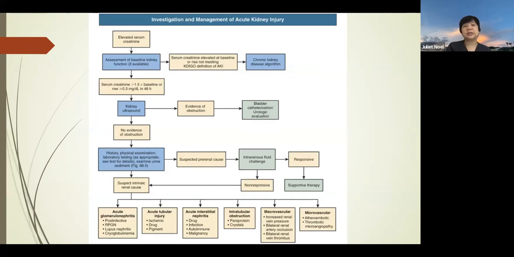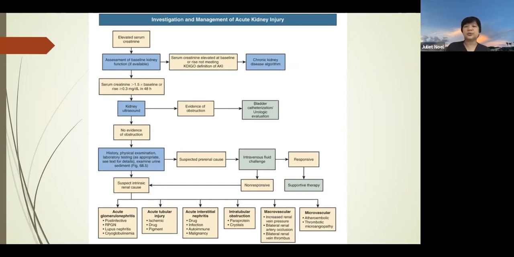If the serum creatinine is more than 1.5 from the baseline, which is very common in patients who got admitted with normal creatinine initially, and after 2 or 3 days in the hospital, when you repeat the creatinine, it went up, then aside from examining the patient and getting a history, you get an ultrasound and look for any obstruction.